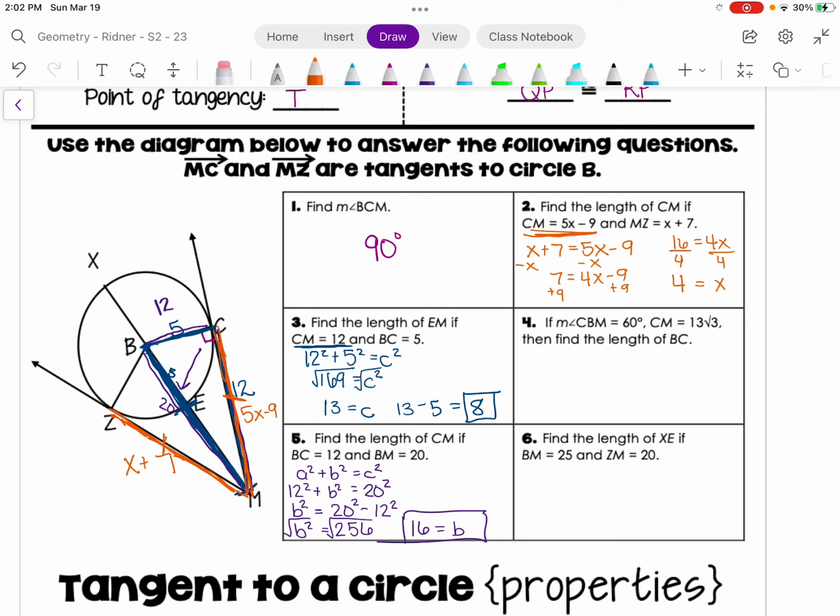So x must equal 4. Now notice we have not actually answered the question. I need to plug that back into CM. CM is 5 times 4 minus 9, which is 20 minus 9, which is 11.